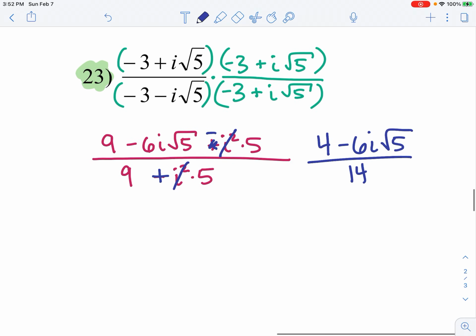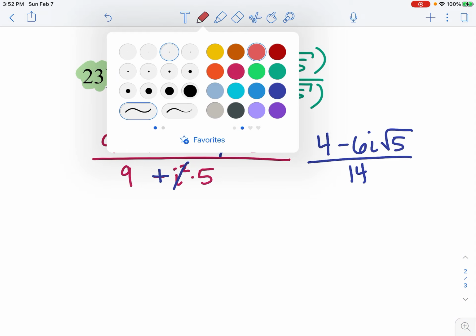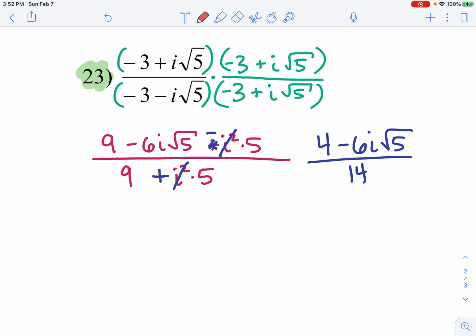Well, what's going on here is this is not actually the final answer. What you need to do at this step is pull out a GCF up on the top. When I pull out a GCF in the numerator, that is going to be 2, and I'm left with 2 times (2 minus 3i root 5) all over 14.